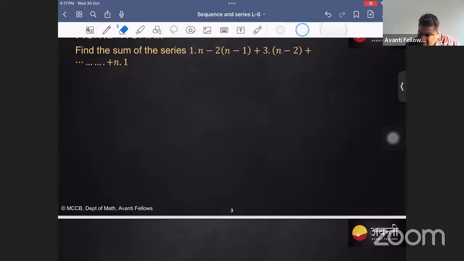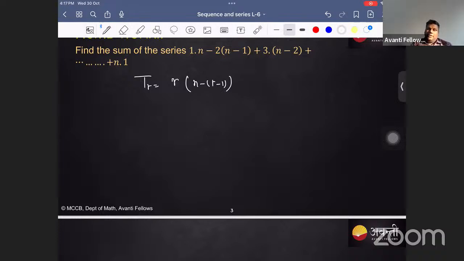What if I write directly the rth term? What will be the rth term? Tr is, see, every time you started 1, then 2, then 3, then 4, so the rth will have r. Then n minus r minus 1. So whatever is getting subtracted is 1 less than what is there outside.